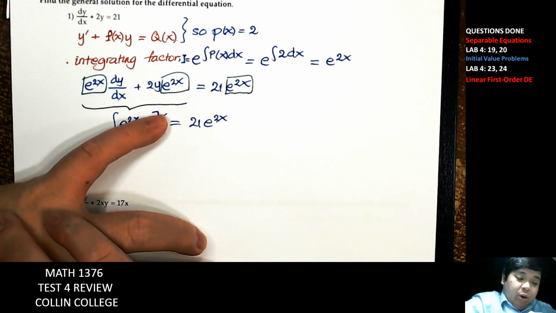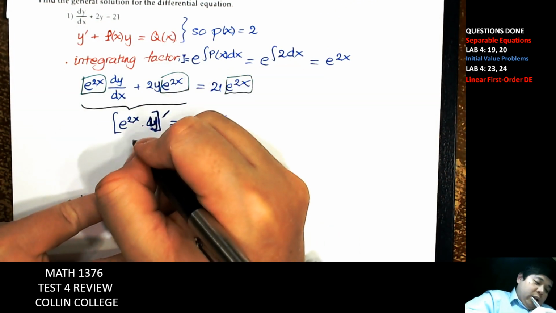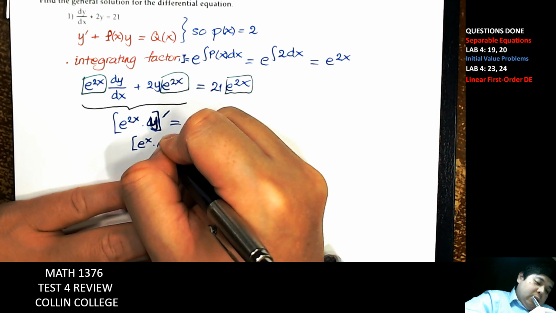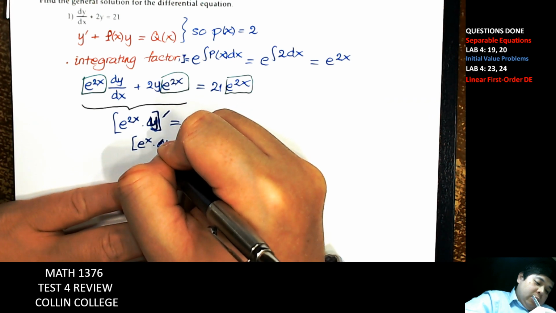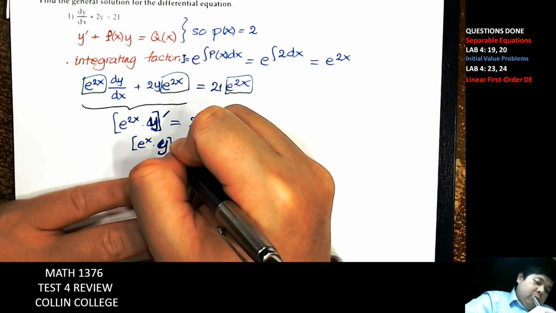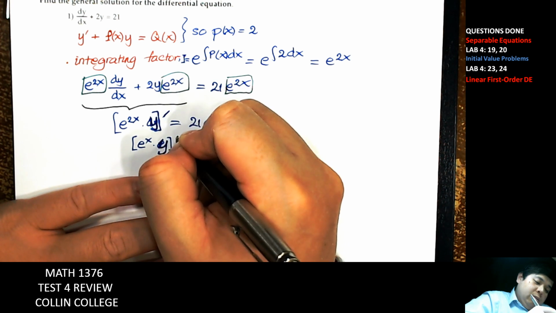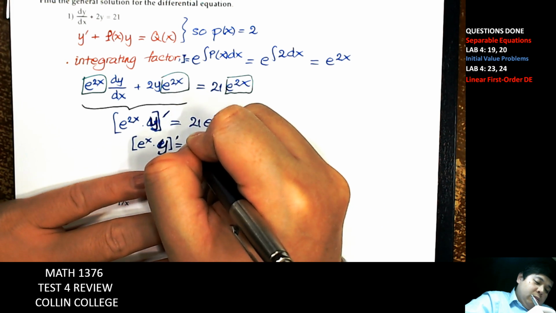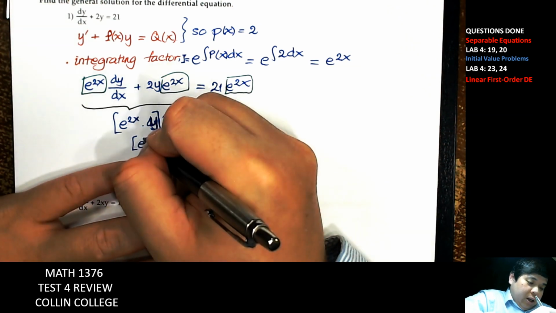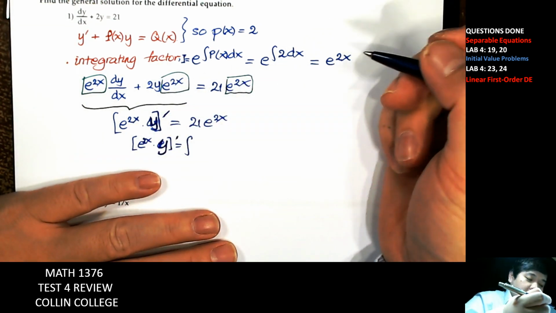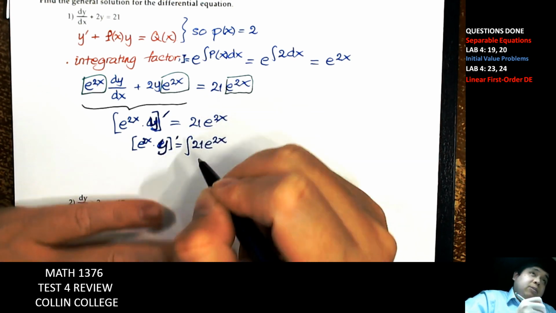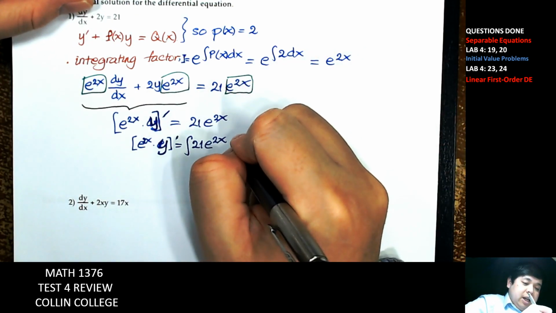And next, to get rid of the derivative, we will integrate. e to the 2x times y equals the integral of 21 e to the 2x dx, of course.